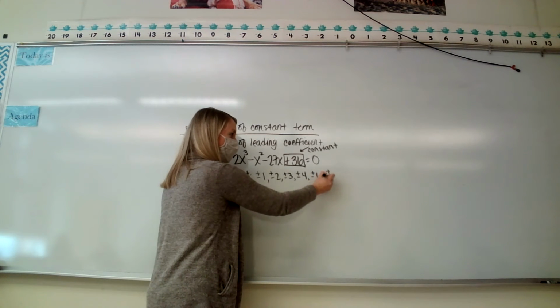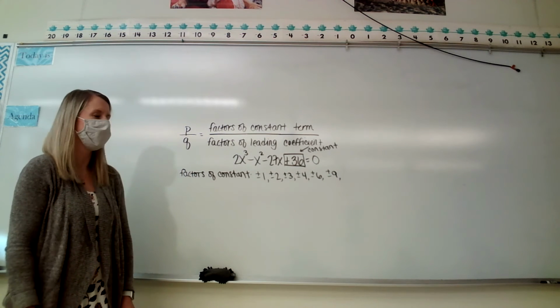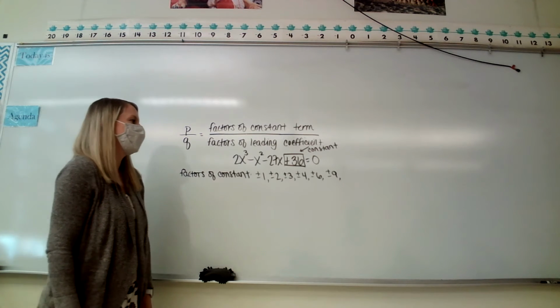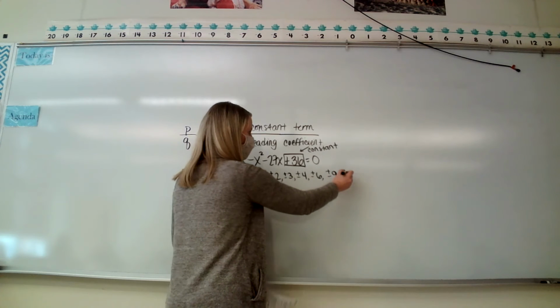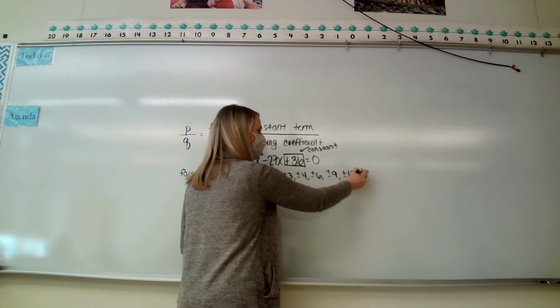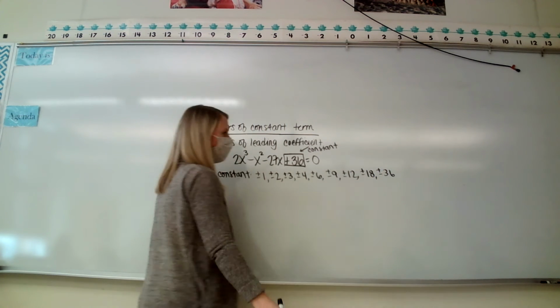It's divisible by 9. Once again, I said 36 is like the most annoying number to start with. A lot of them won't have this many factors. 10, 11, 12. Yeah, 12. I'm just thinking what's divisible by that. 18 and 36. Woo, that's a lot of options.